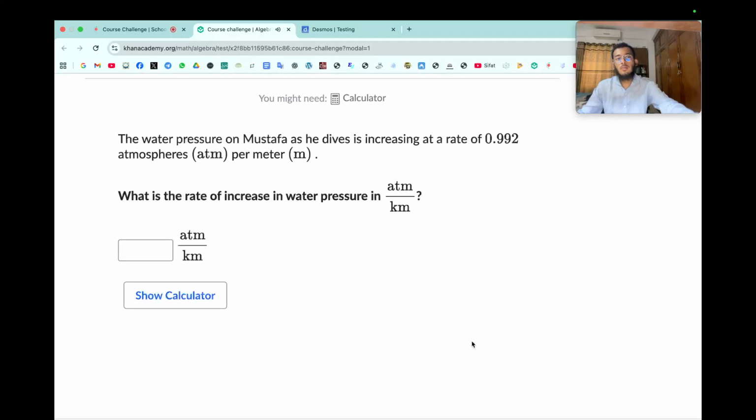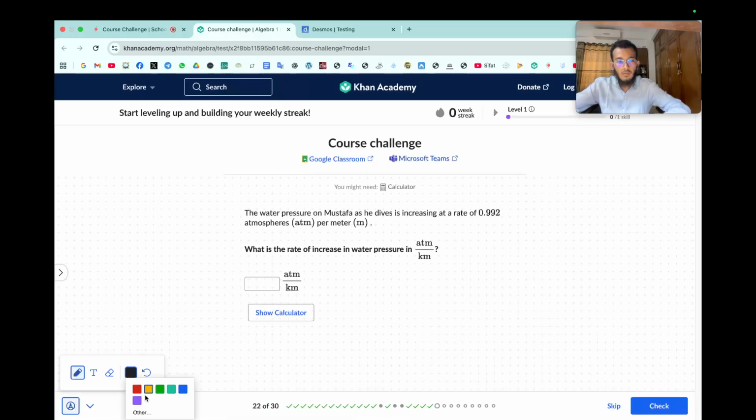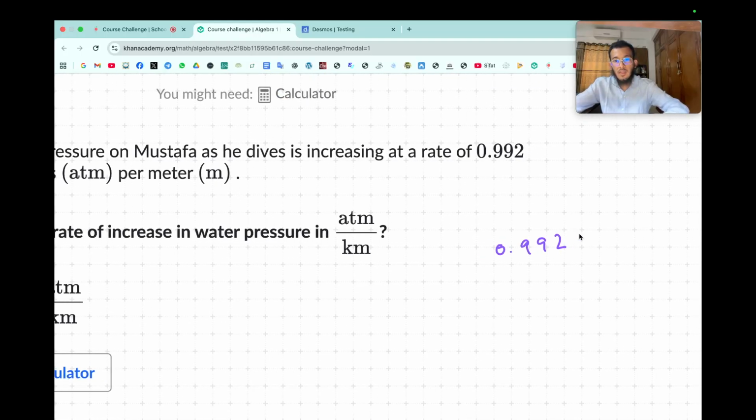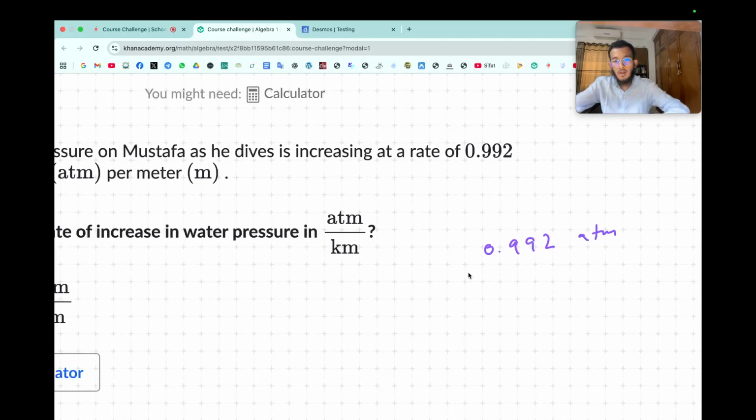Okay, the water pressure on Mustafa as he dives is increasing at a rate of 0.992 atm per meter. What is the rate of increase in water pressure in atm per kilometer? So we know that the water pressure is 0.992 atm per meter.